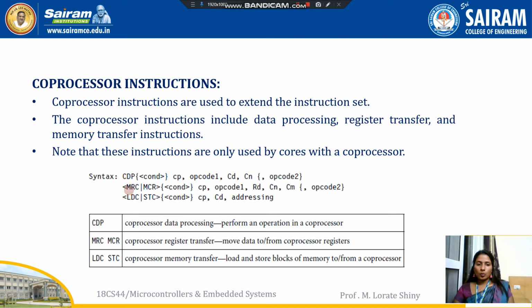Next, MRC and MCR. M represents move, R represents main processor register, and C represents coprocessor register. These are used to move content between the main processor register and the coprocessor register. MRC moves the content from the coprocessor register to the main processor register. MCR moves the content from the main processor register to the coprocessor register. Next, load and store. Load loads the content from main processor memory to a coprocessor register.